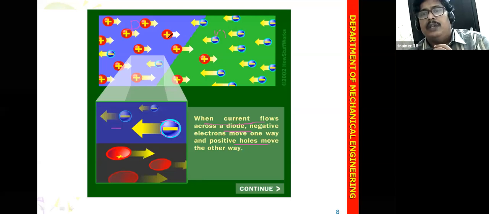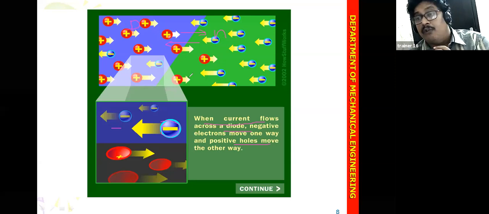That means it is a p-n junction diode, where p is positive and n is negative. We already discussed the p-n junction diode. Holes move in one direction and electrons in the opposite direction, because they are attracted to each other.